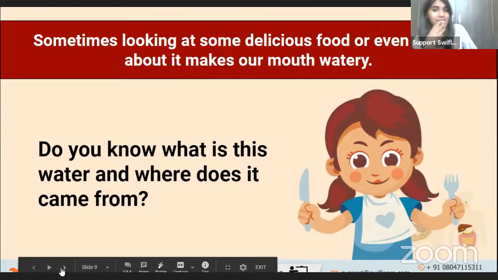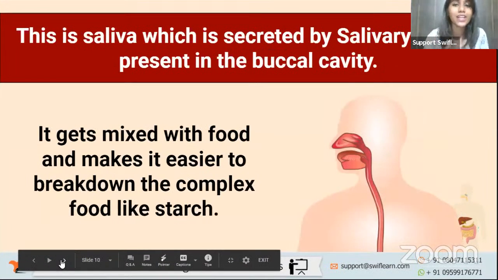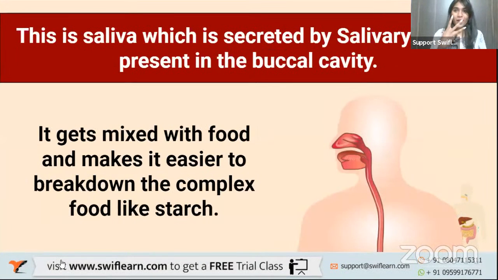Okay, so it is the saliva that forms the fluid in your mouth. Saliva is secreted by the salivary glands, which are present in your buccal cavity. It gets mixed with food and makes it easier to break down the complex food starch. In the previous live we discussed that food has carbohydrates, proteins, fats, right?